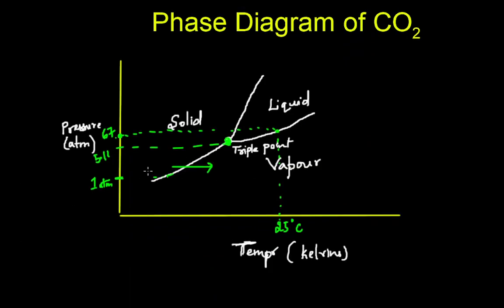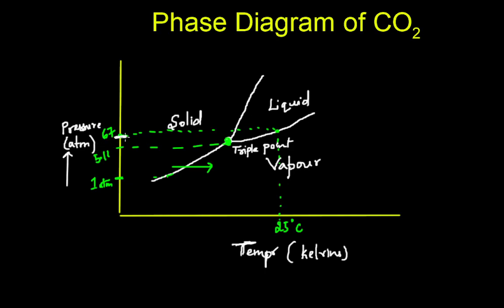Now, if you want to obtain a liquid, it is necessary to exert a higher pressure of at least 5.11 atmospheric pressure. That's a higher pressure compared to the 1 atmosphere that we have at room pressure.